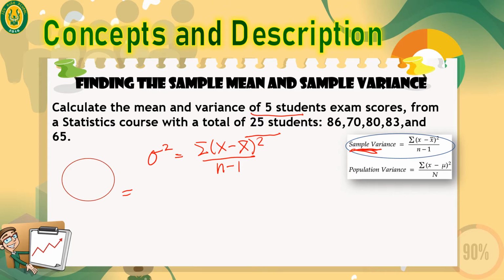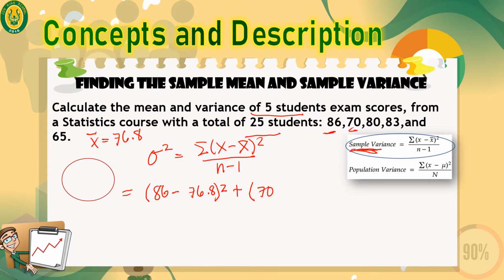So what is the mean again? So let's write it down here. The mean that we calculated a while ago is 76.8. Okay, so what will happen is we'll have individual brackets for each of these scores. So the first score is 86. So 86 minus 76.8, which is the mean, then you square it, plus, okay, the next score is 70.